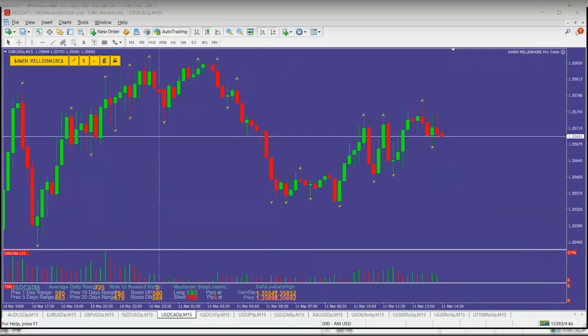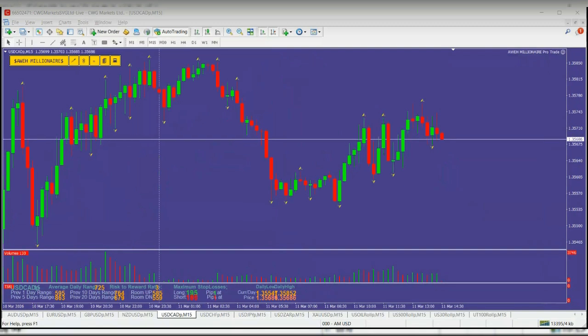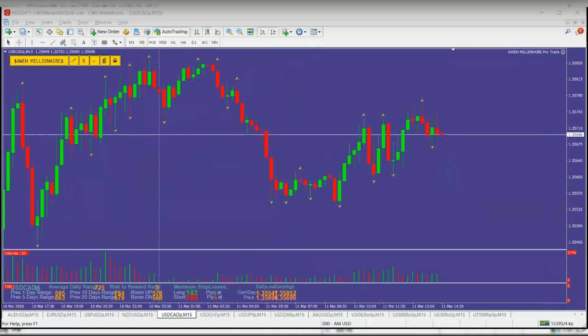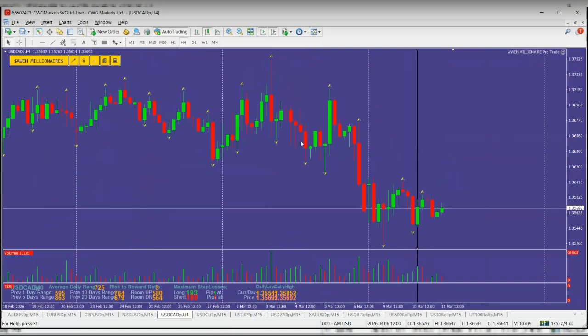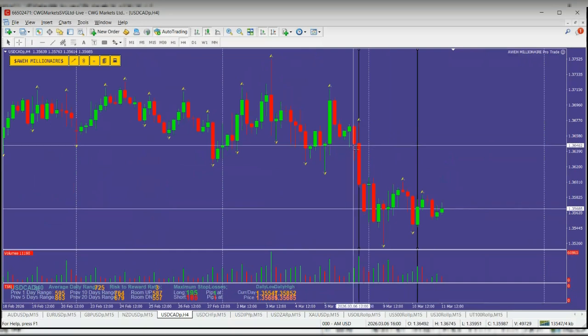Next will be USD CAD. So dollar CAD, switching to the 4-hour time frame, we've got a potential level of demand here where price pushed up with high volume, and a potential level of supply all the way up here where price pushed down with high volume.